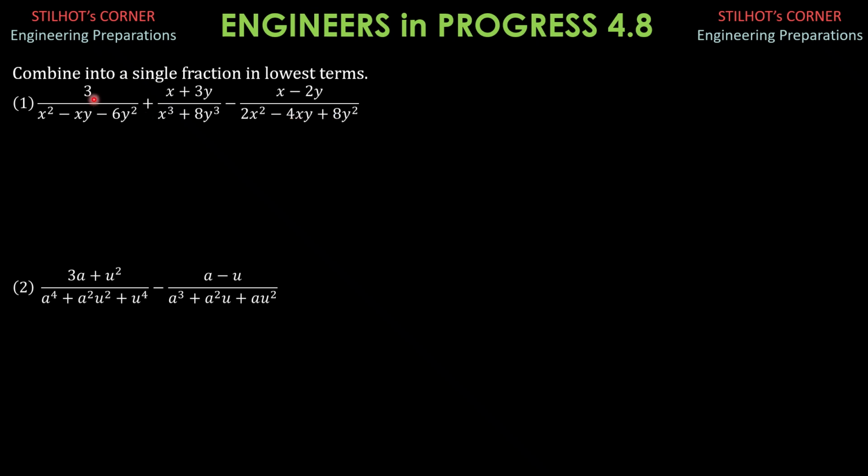So again, we have equals 3 over x plus 2y, then x minus 3y. Then we have plus x plus 3y over quantity x plus 2y times quantity x squared minus 2xy plus 4y squared. Square of the first minus the product, then square of 2y, so 4y squared.